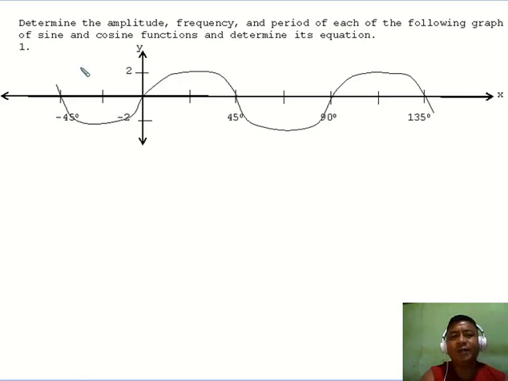Now let's consider the graph of problem number 1 here. If we recall the pattern in graphing the sine function, we actually have I M I m I. So let's consider the intercept here.